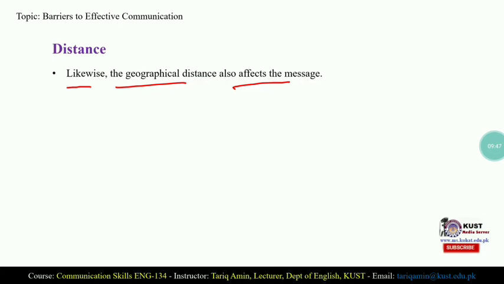Your computer does not work. So in that case, a communication gap occurs. And if your cell phone does not work, your computer does not work, and a lot of distance is there, you would not be able to contact your friend, you would not be able to send your message to your friend. So it means that distance is creating difficulties for you in sending your message to your friend, and this is what we call a barrier.